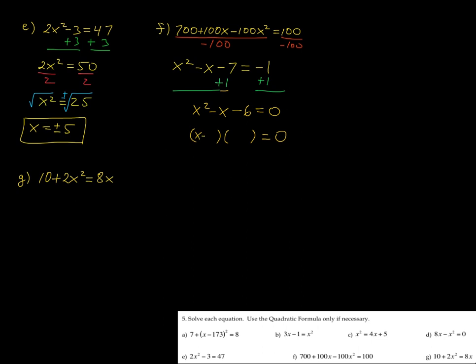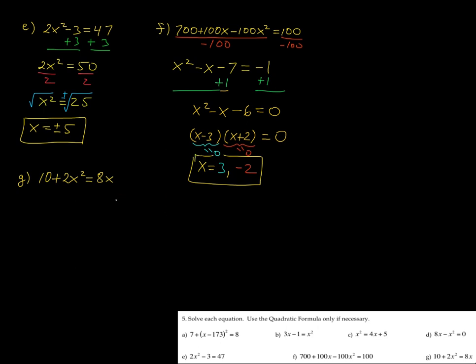Okay, it factors as x minus 3 times x plus 2. And so now we can just set each factor to 0. This is going to give us 3. And the second factor is going to give us the solution negative 2. All right.